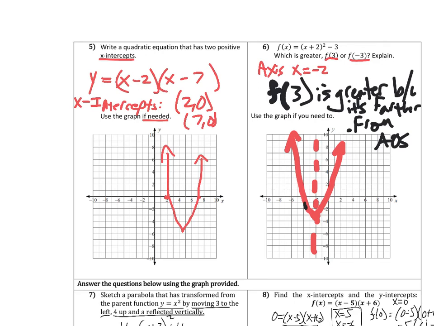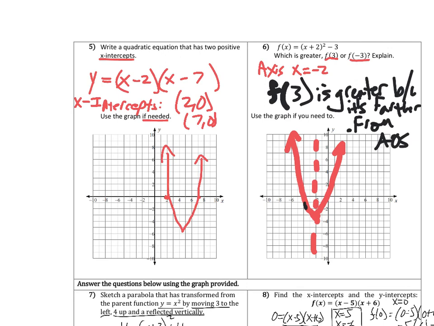If you plug in 3 here, we get 3 minus 4 squared, which is negative 1 squared, which is 1 minus 1, which is 0. So if you plug in 3, you get 0. If you plug in 5, you're going to get into h of 5.